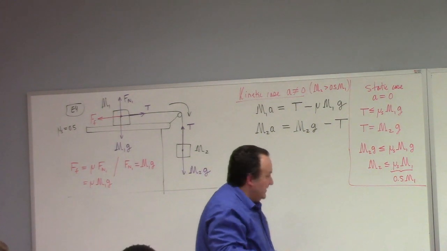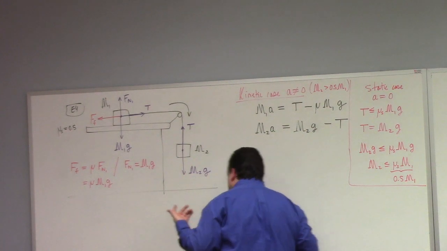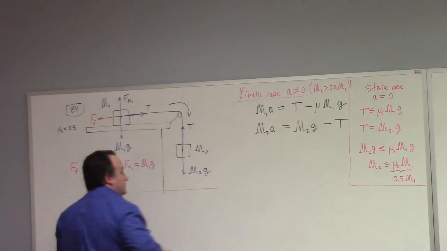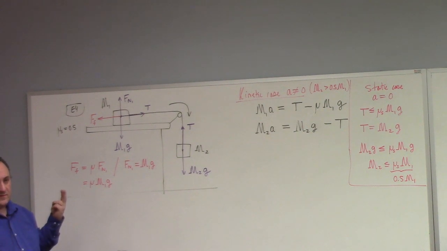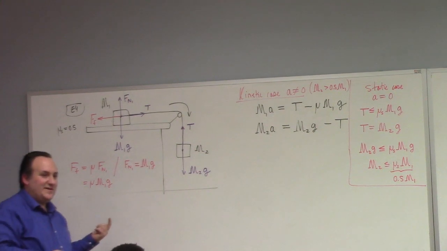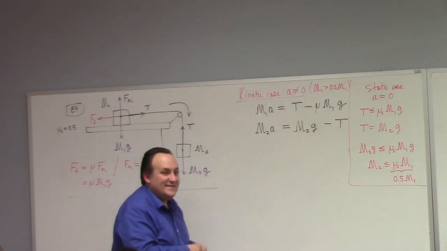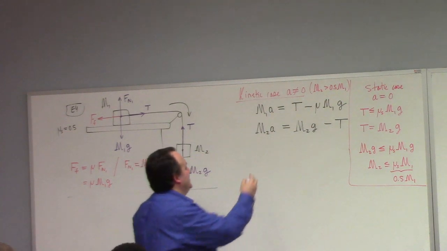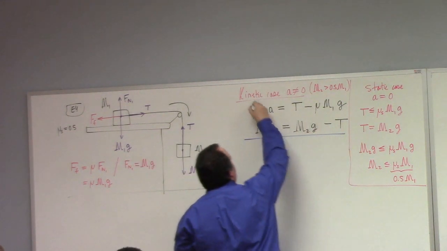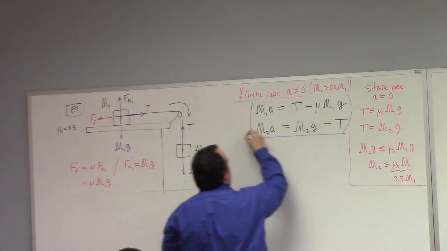So then my question for you guys is, what's the acceleration? And how do you find it? We've got two equations and two unknowns. Starting to notice a theme here, yeah? Add them. Add them, yes. We have a winner. The same thing we did last time. Add these guys.